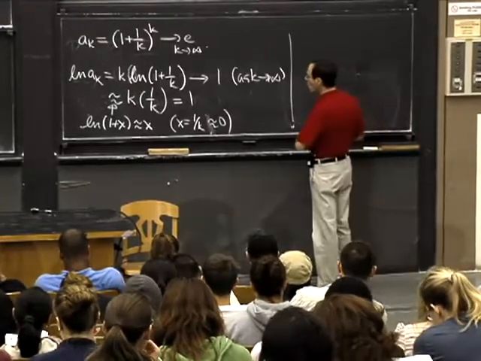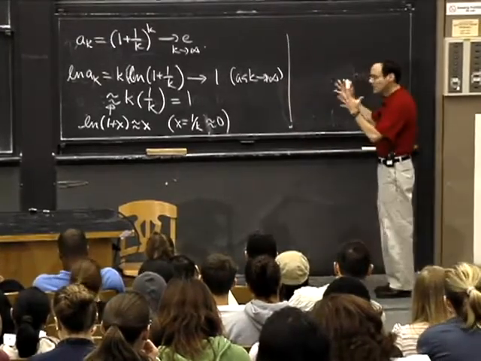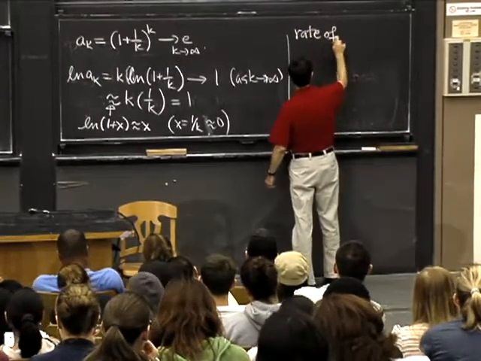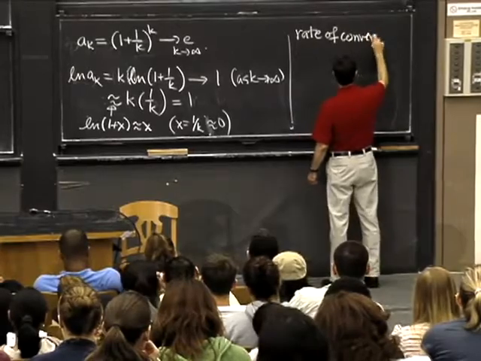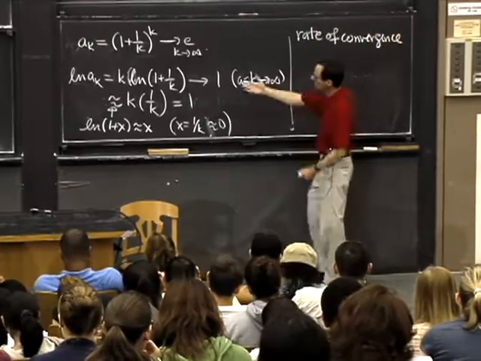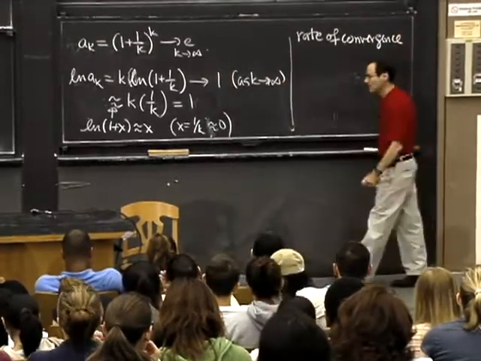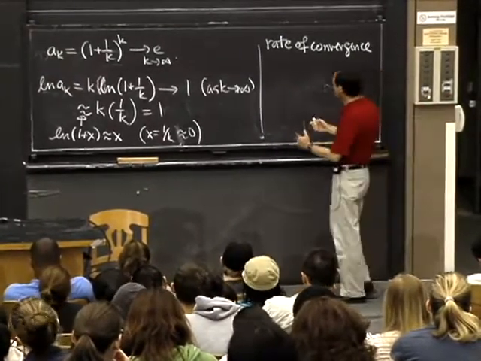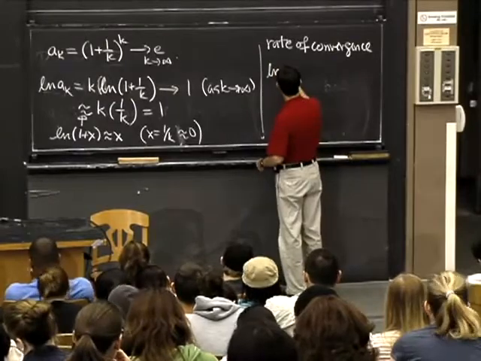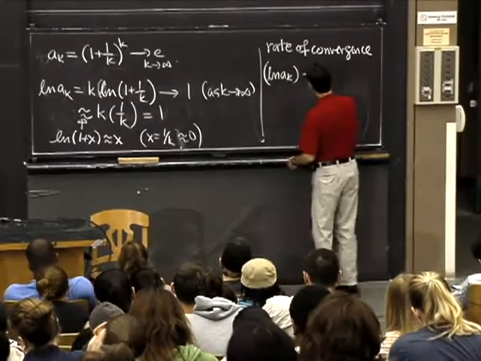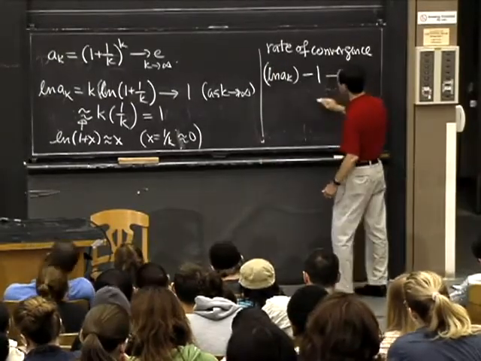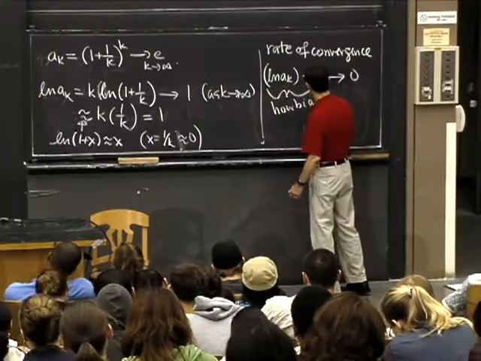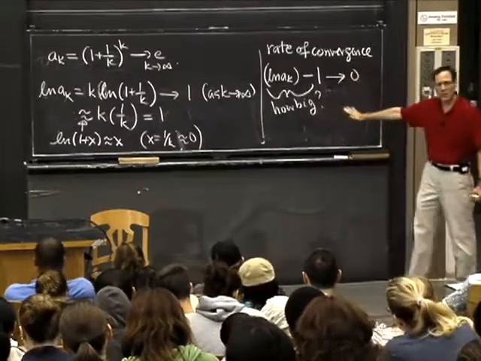Now, if you want to get the rate of convergence here, convergence means how fast this is going towards that. What I have to do is take the difference. I have to take log a_k and subtract 1 from it. I know that this is going to 0, and the question is, how big is this? We want it to be very small.